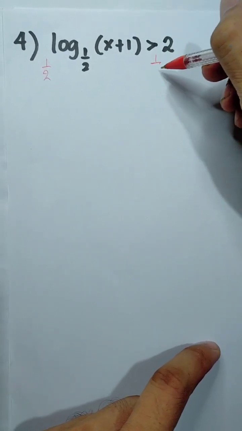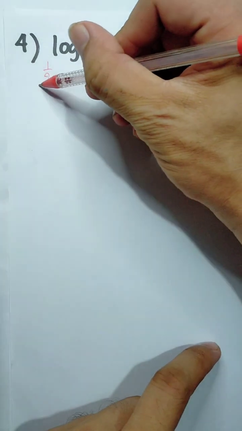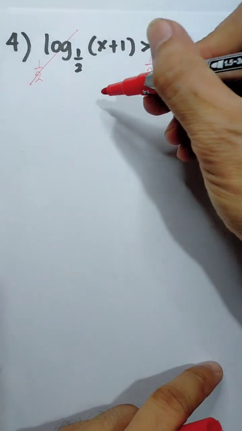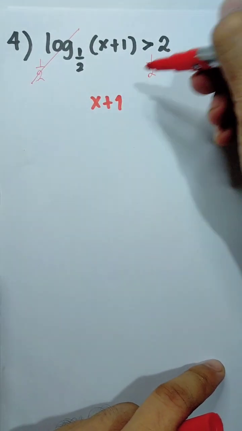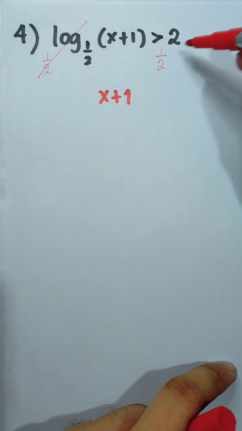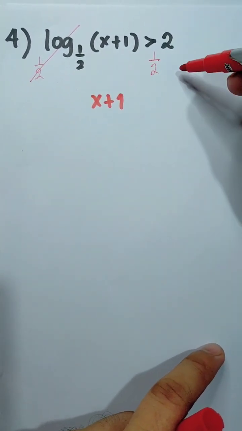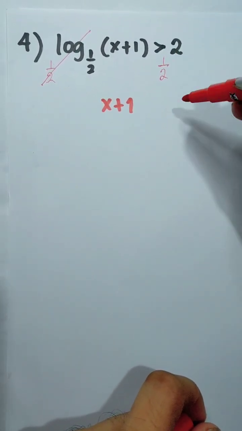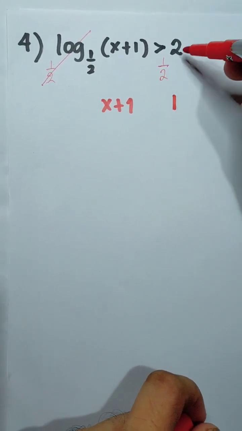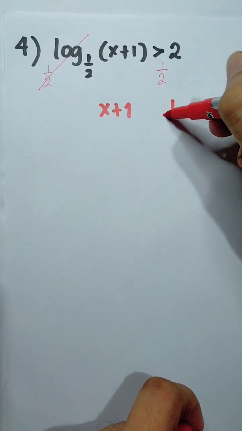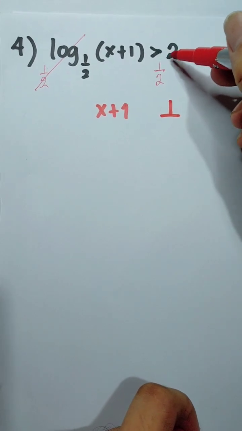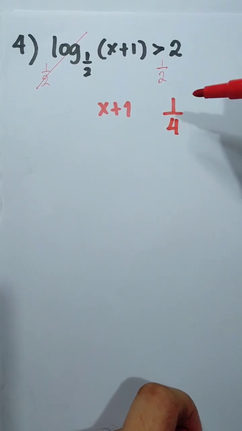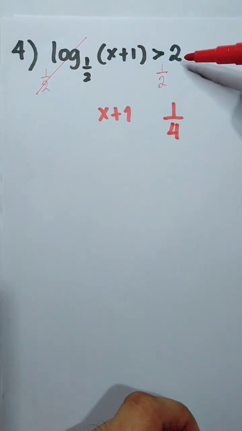Both raise it base 1/2 on both sides, so our log here will be eliminated, and we have now x plus 1, and this time our right hand side will be 1 to the 2 is 1, and 2 to the 2 is 4. We simply distribute the exponent 2.